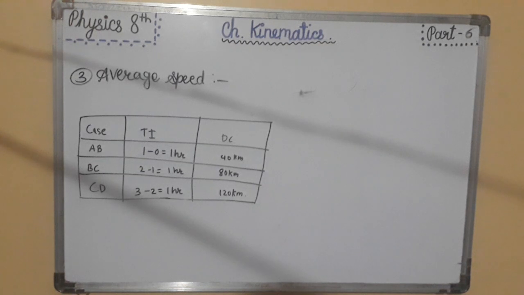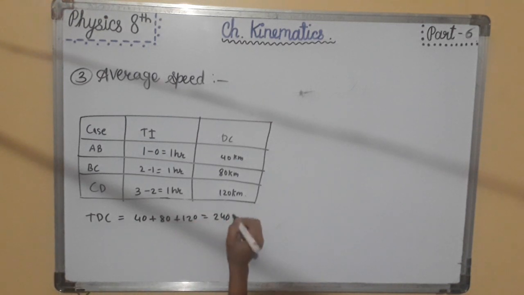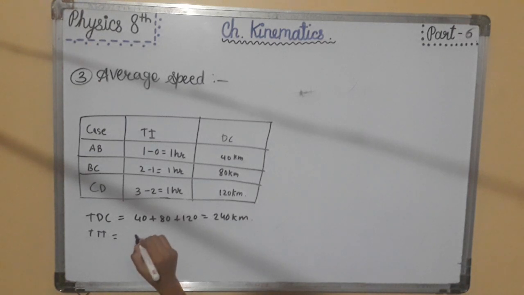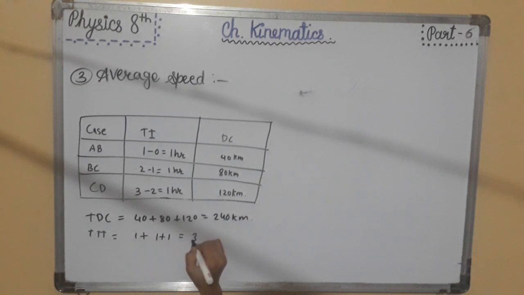Total distance covered is equal to 40 plus 80 plus 120 is equal to 240 kilometer. Total time taken is 1 hour plus 1 hour plus 1 hour is equal to 3 hours.